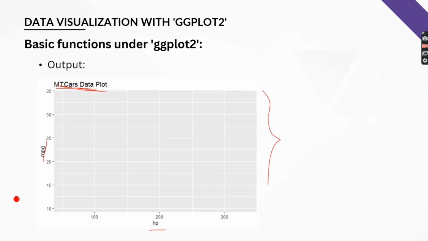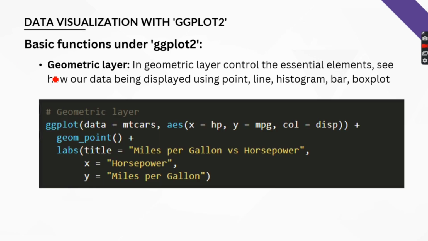We are just defining the values here. How we are visualizing it is going to be in the next part, that is the geometric layer. In this layer we define how our data should be displayed. Now we can use point, line, histogram, bar, box plot for each specific type.